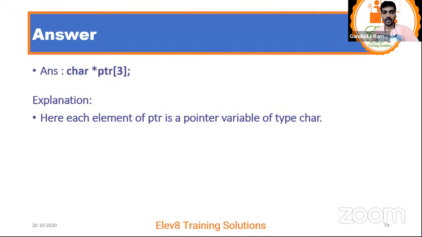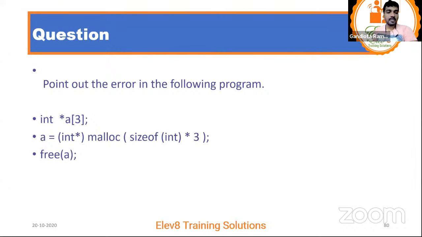See, array of pointers. See ma, point out the error in this following program. What is the error in this program? So what is the error?